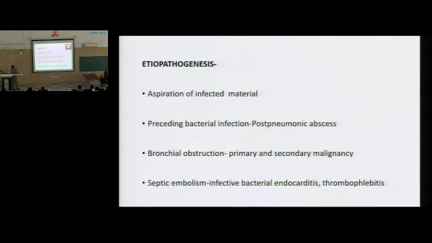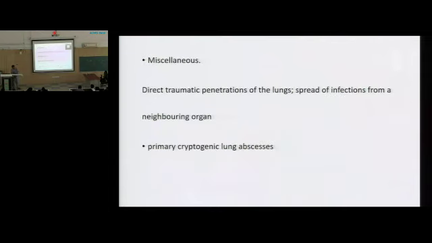It can also be due to septic emboli from infective endocarditis or thrombophlebitis, where this infective focus goes and gets stuck in the distal part of the lung, causing secondary infection and formation of the lung abscess. Other causes are miscellaneous, like direct traumatic injury to the lung and spread of infection from neighboring organs. There can also be cryptogenic lung abscess.